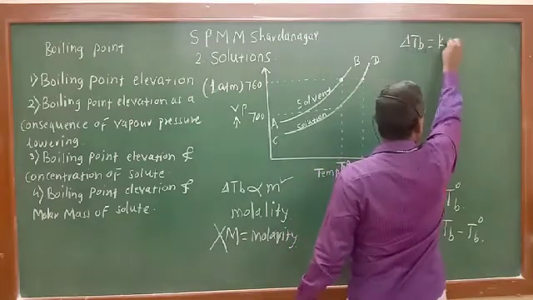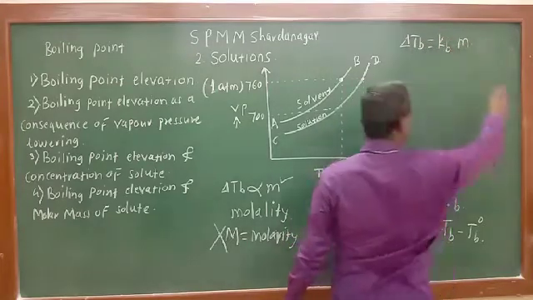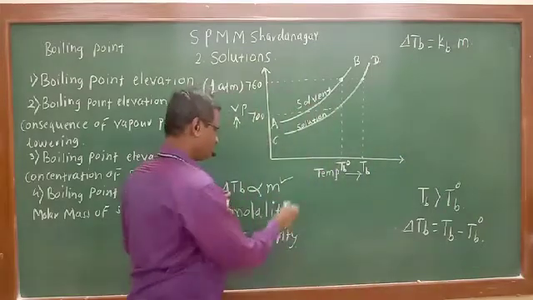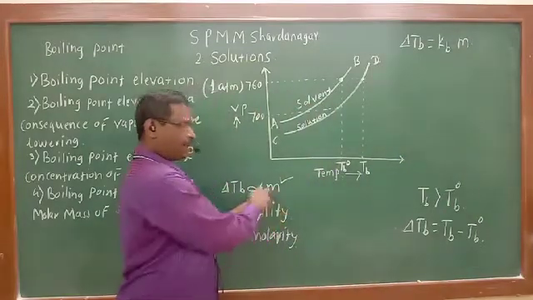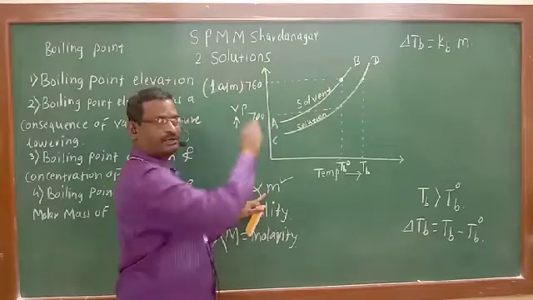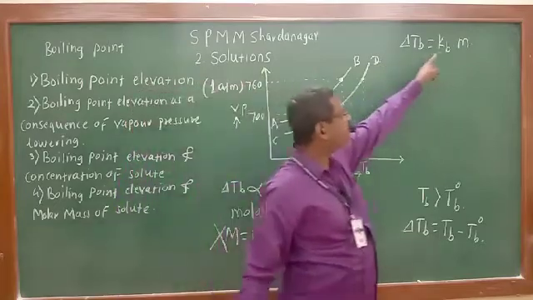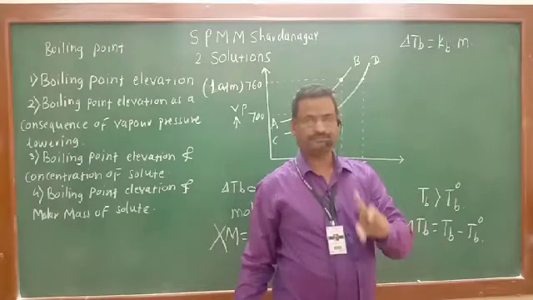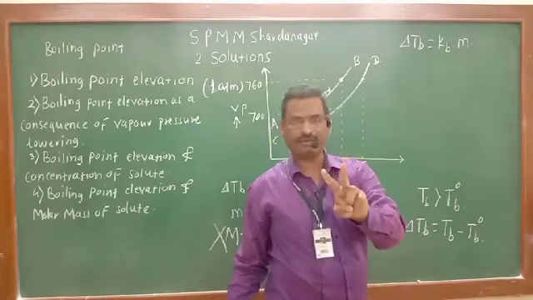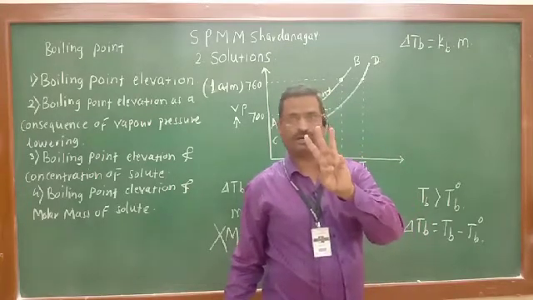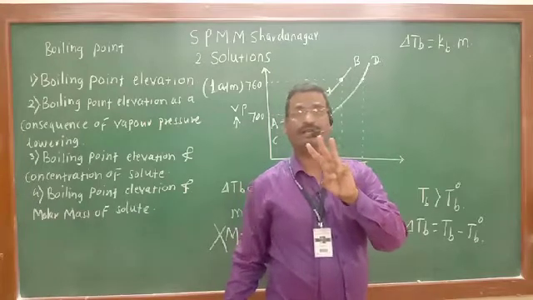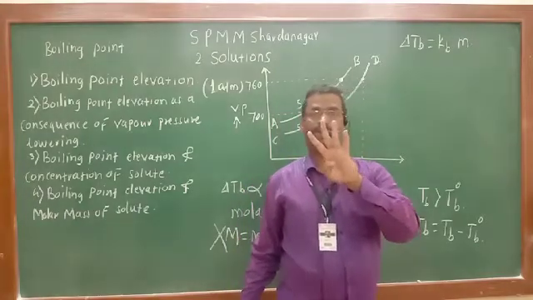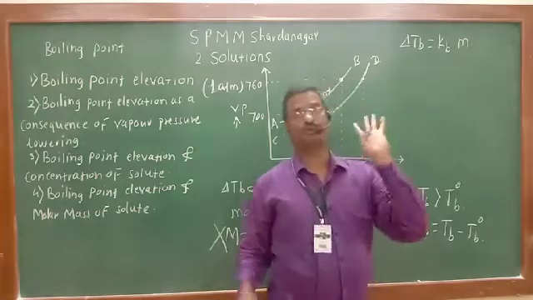Delta TB is equal to Kb into m. If this is equation 1, here I have taken the proportionality constant. This Kb is known as proportionality constant. Second, molar elevation constant. Third, boiling point elevation constant. And fourth, ebullioscopic constant.